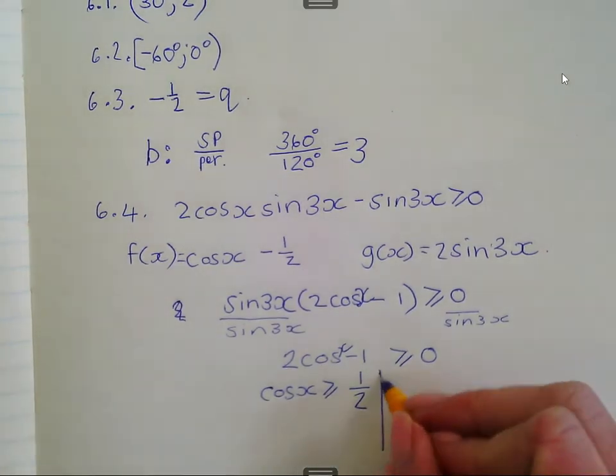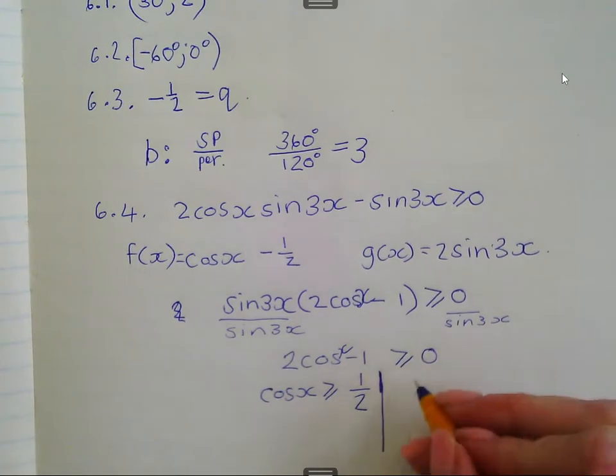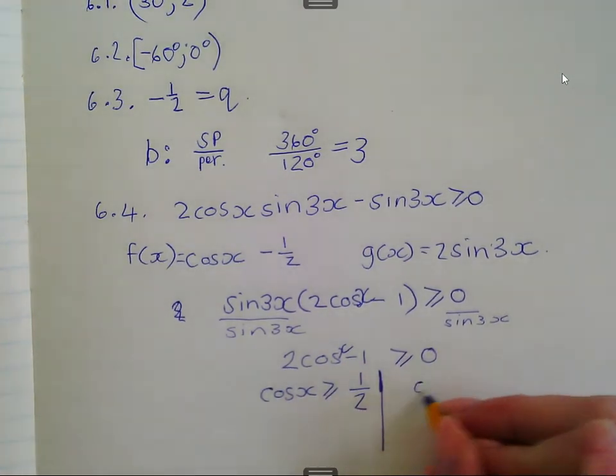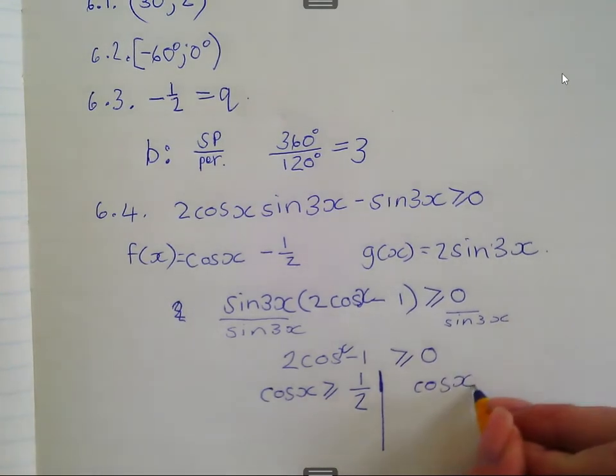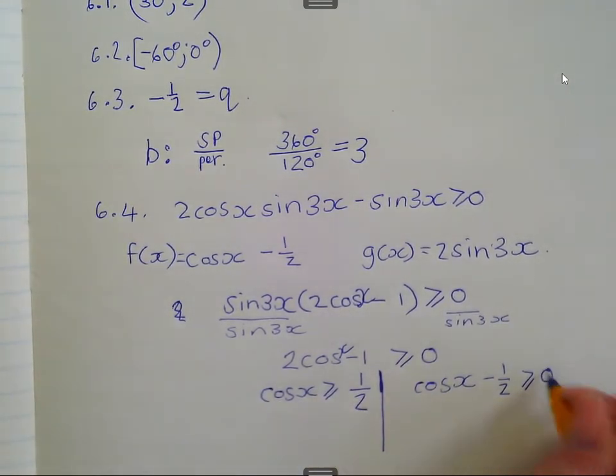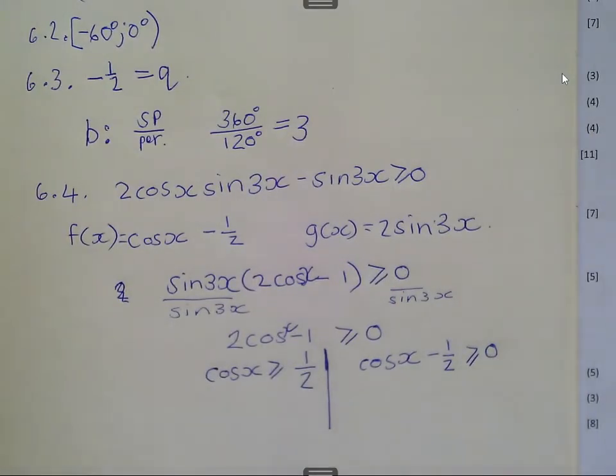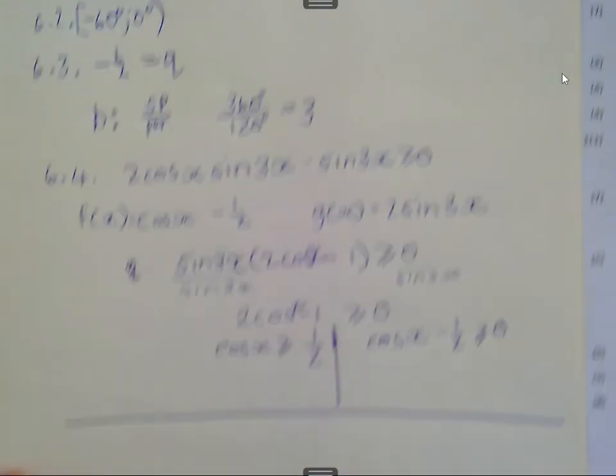So the better plan we would do here is to divide everything by 2. Then I would have cos x minus a half greater than or equal to 0. Now I have one of the functions. So I want you to draw a line under this.